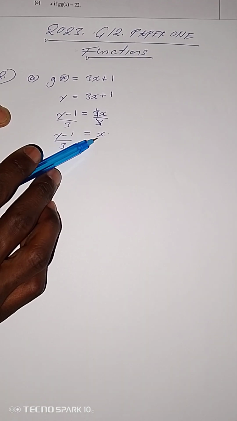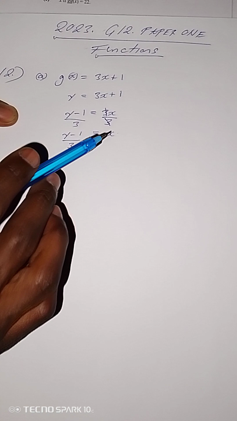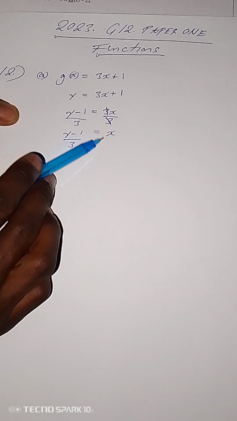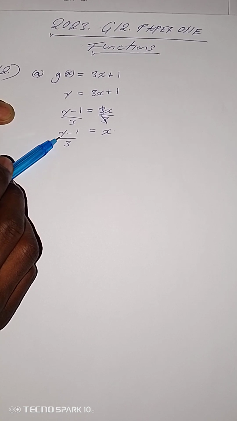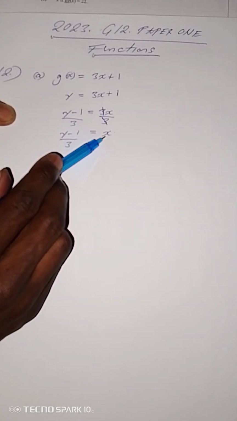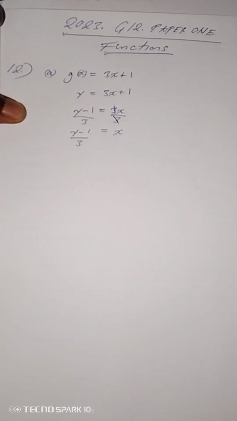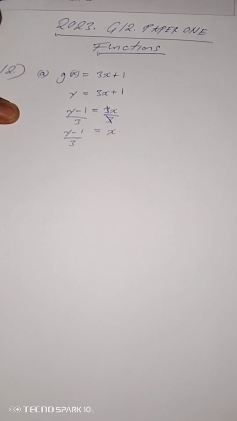Now that x is standing alone, it's just a matter of replacing y with x, and x you replace with what you've been asked, which is inverse g of x.